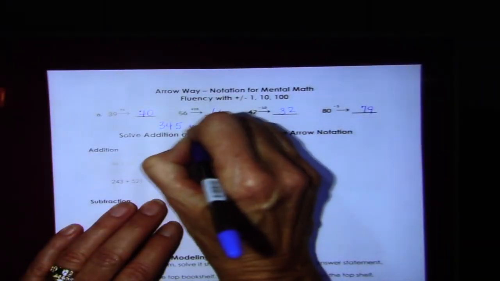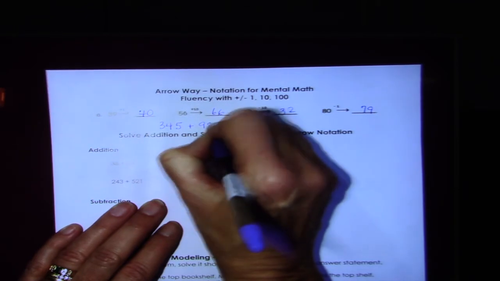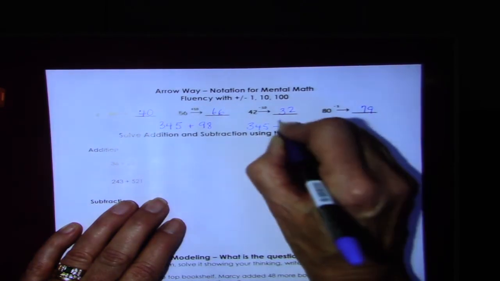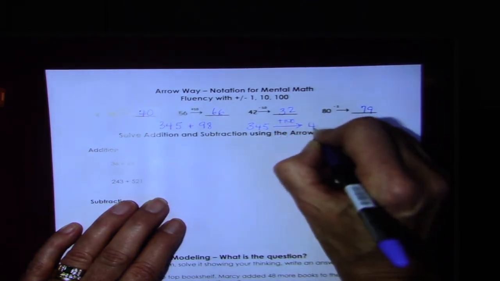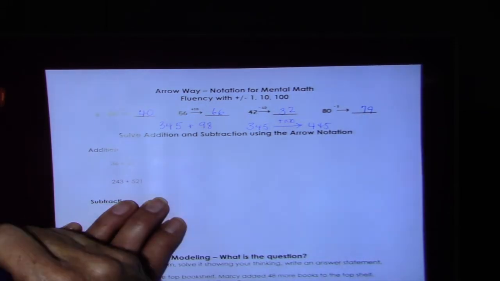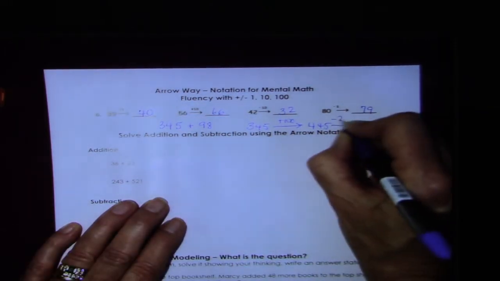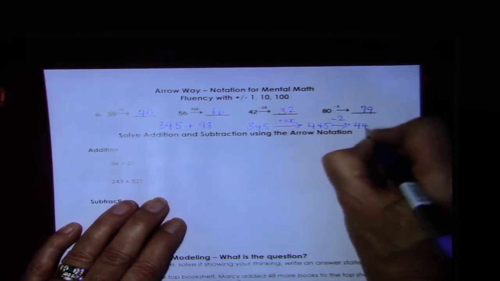So we saw 345 plus 98 on the other page. I could do 345 plus 100 is 445, but I added 2 too many, so now I have to take them away, and I got 443.